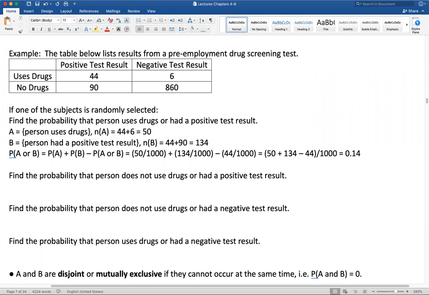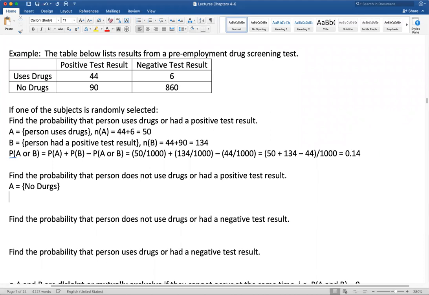Now next question: find the probability the person does not use drug or had a positive test result. So now event A is all the outcomes where the person does not use drug, and event B is all the outcomes where the person had a positive test result.